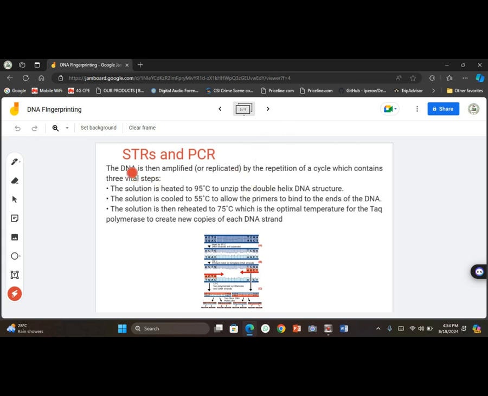So this method, STR, is faster, and it is also easier. The only disadvantage is that it is sensitive to contamination, because the sample is so small, so it is easy for it to be contaminated.